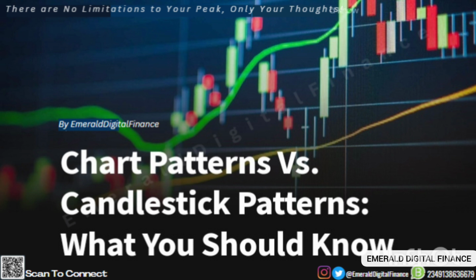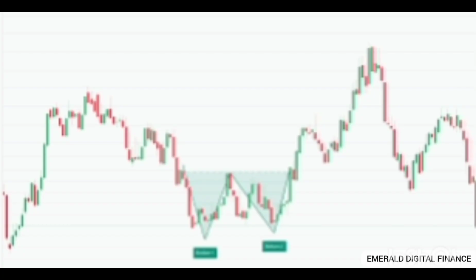The pattern is characterized by the price trying to move lower twice but getting rejected each time, resulting in a correction to the upside. Just the same thing as the double top happened at the bottom in the double bottom. The only difference is the double top goes to a bearish pattern while the double bottom goes to a bullish pattern.